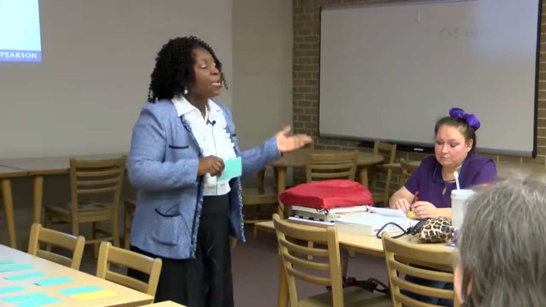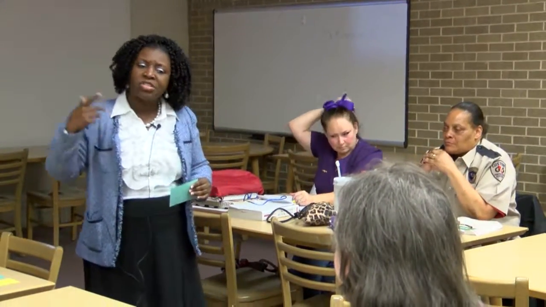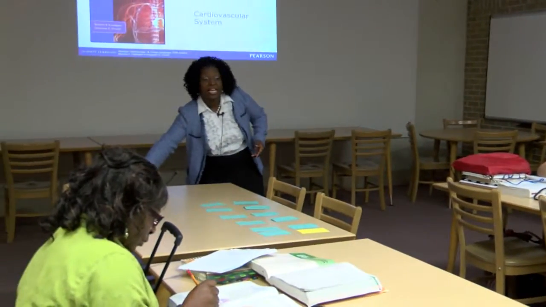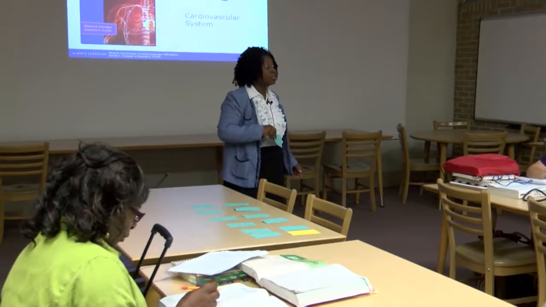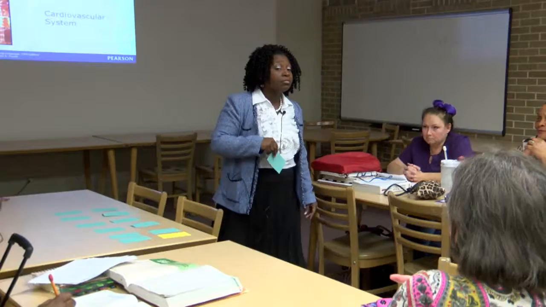Bright red. Yeah, that's important because blood is red, but the idea is, what color red is it when it's high in oxygen? How do we know it's full of oxygen? It is bright red. Absolutely. What color is blood that is low in oxygen? It's more purplish, bluish.